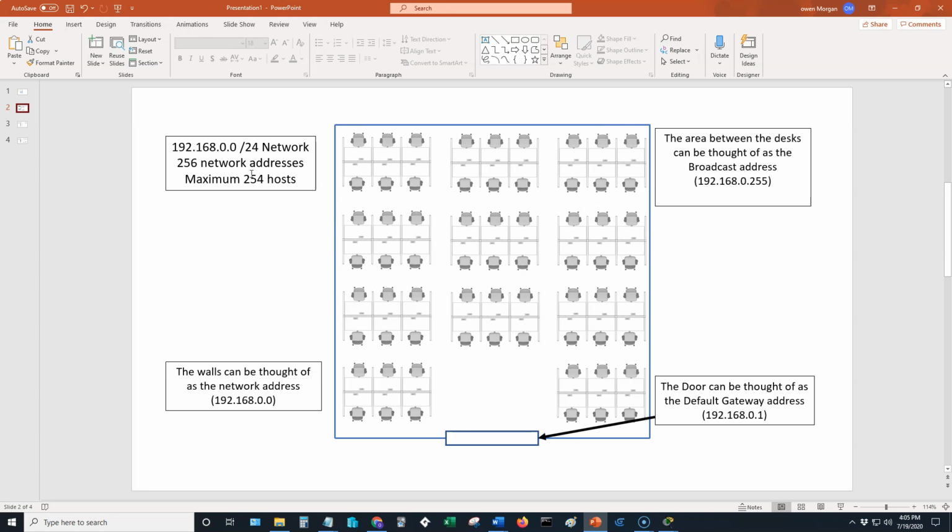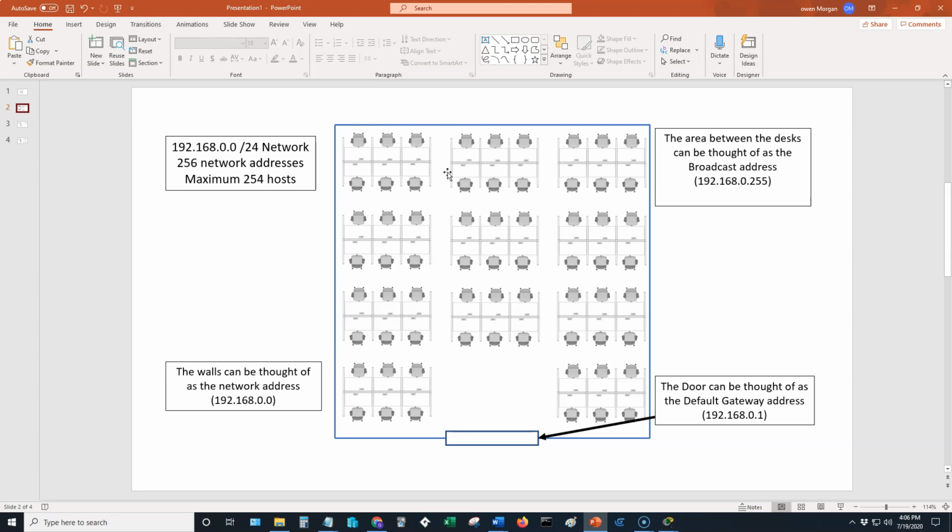But we could have put 256 chairs in here had we not had to account for some things. For instance, there are walls that have to be put up around the building. I like to think of these walls as the network itself. The walls take up a portion of our building and eliminate a portion of the chair space that we have within the building.